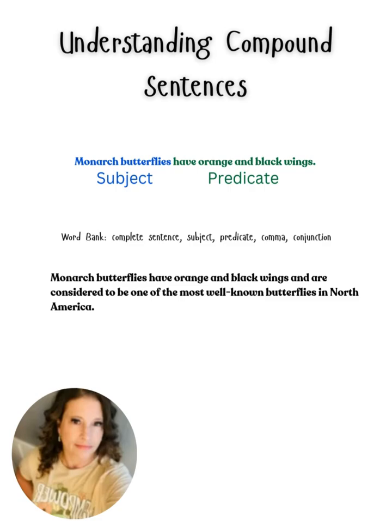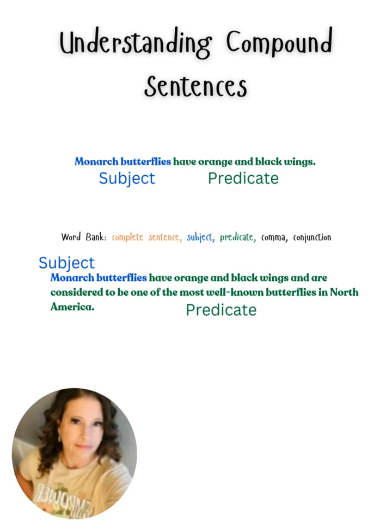So let's look at a subject and a predicate again. What's the subject and what's the predicate? Very good. The subject is monarch butterflies, and the predicate is have orange and black wings and are considered one of the most well-known butterflies in North America.